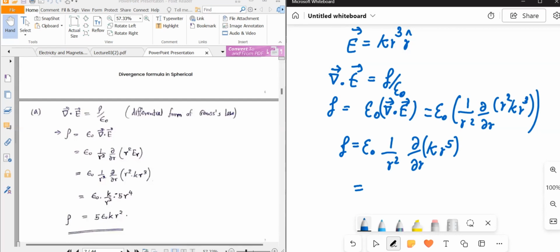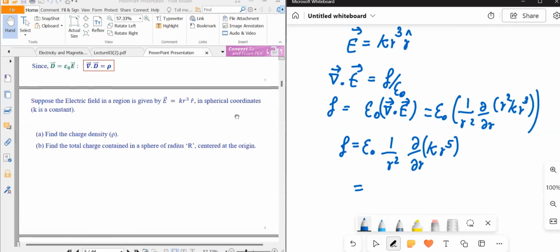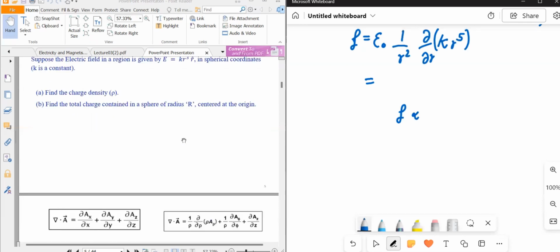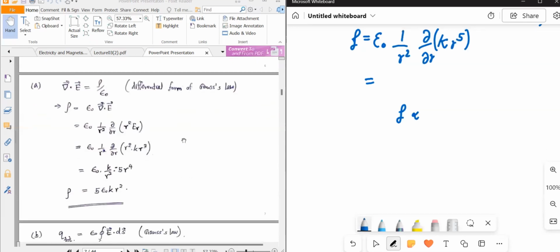Okay, so now you know the charge density, then find the total charge contained in a sphere of radius r centered at the origin. So now we know the charge density, and charge density is proportional to r to the power 2.